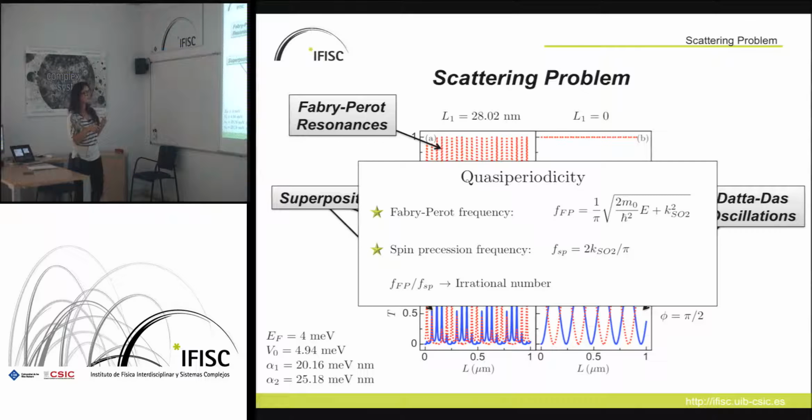In our case, the Fabry-Perot frequency takes this form, and the spin precession frequency takes this other form. Quite generally, the ratio between both is an irrational number. What is important here is that the origin of this effect is totally quantum.